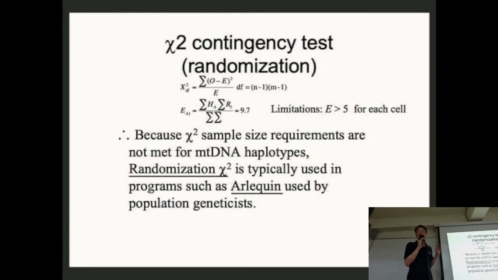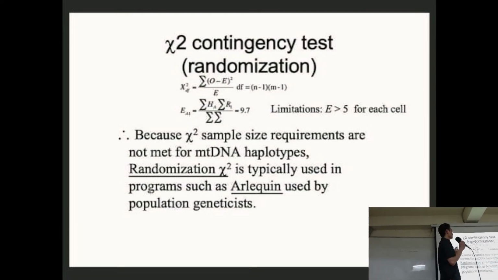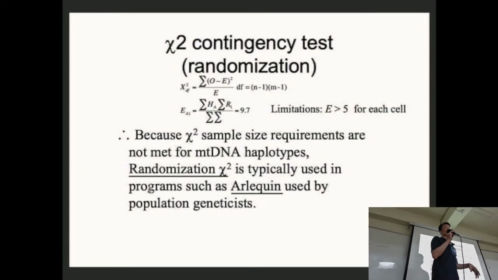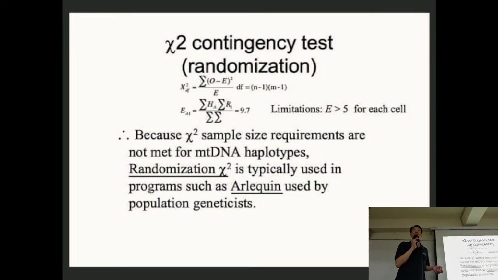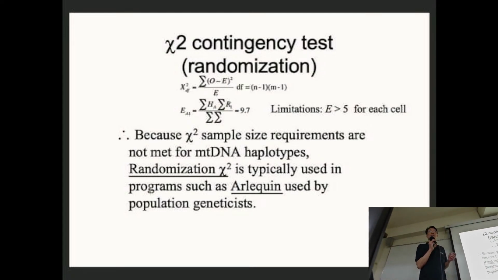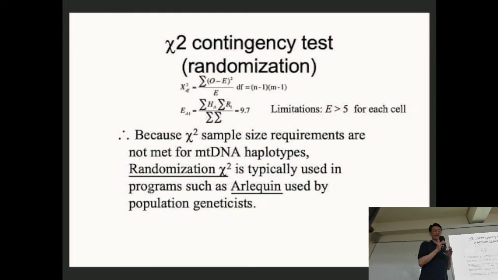Otherwise, the data would not follow the chi-square distribution, and therefore the chi-square test does not work. Again, that's an undergraduate textbook.